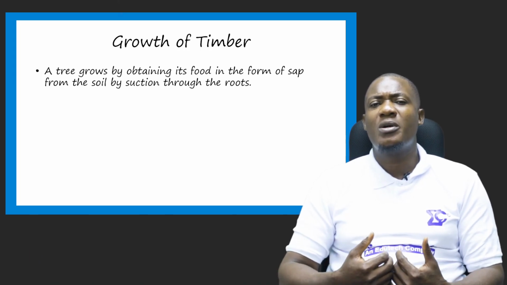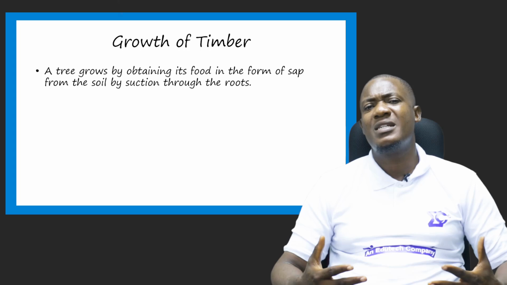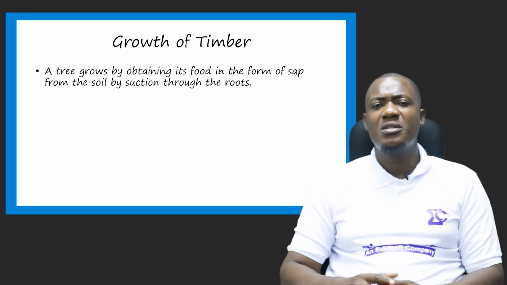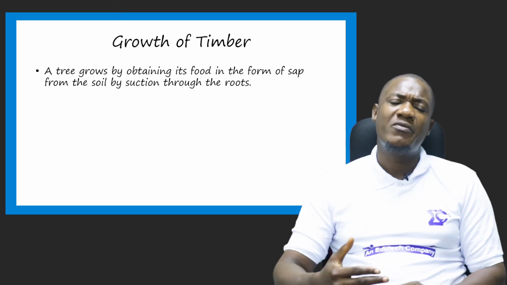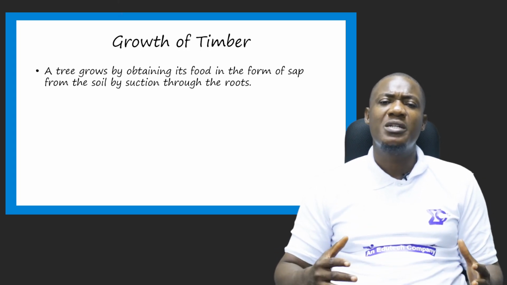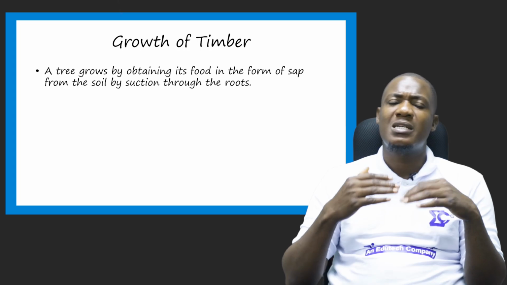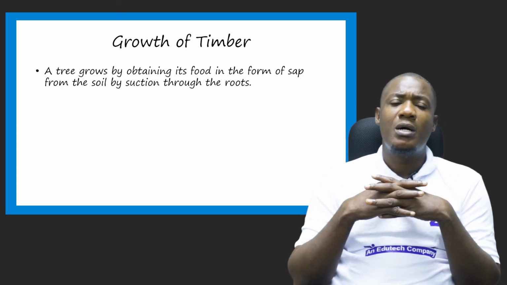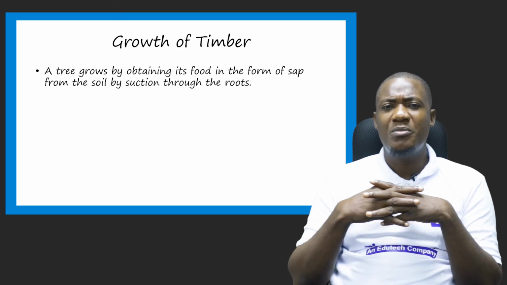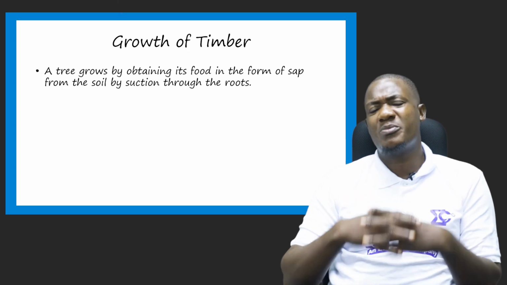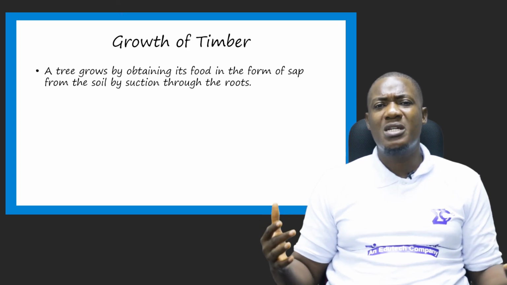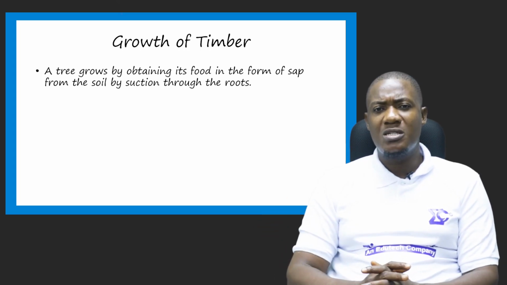When this happens, the sap is solidified and retained in the stem of the tree. As the tree keeps depositing this sap, it forms a tissue we call the cambium. This cambium is responsible for the secondary thickening of these trees.